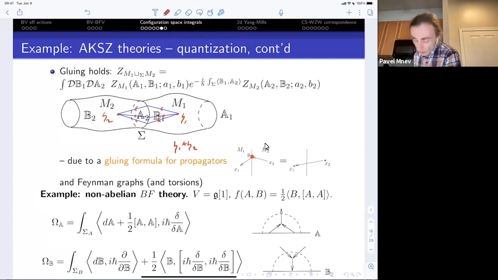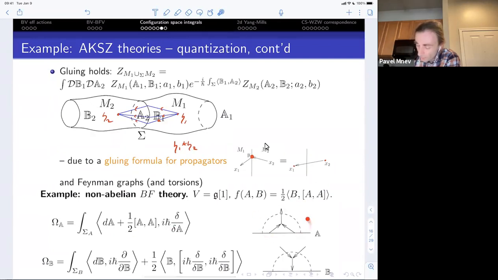Now, an example in non-abelian BF theory. This is an example of this class of AKSZ models, corresponding to the coefficient space being the Lie algebra shifted by one, and with this potential coming from the Lie bracket in the Lie algebra. Here one can calculate explicitly the boundary differentials, and they have a free term, for instance, for the A side, plus a correction coming from this diagram.